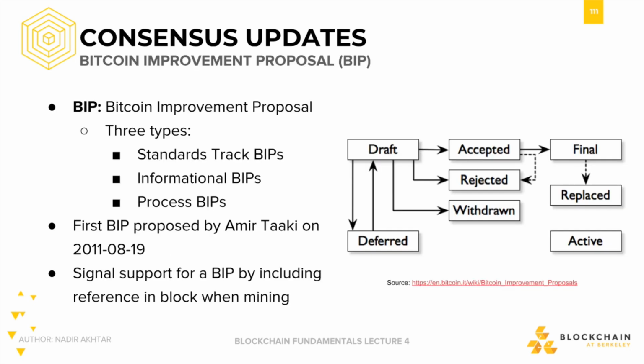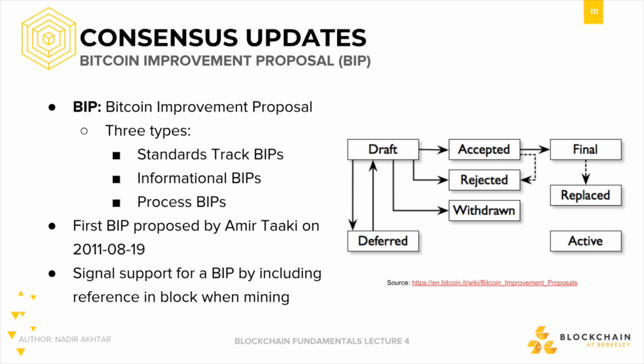Okay, continue. Bitcoin improvement proposals. I think we've talked about this in a previous lecture a little bit. They're basically the idea that if you want to make a change, you can propose that and let everybody know about it by writing a BIP.